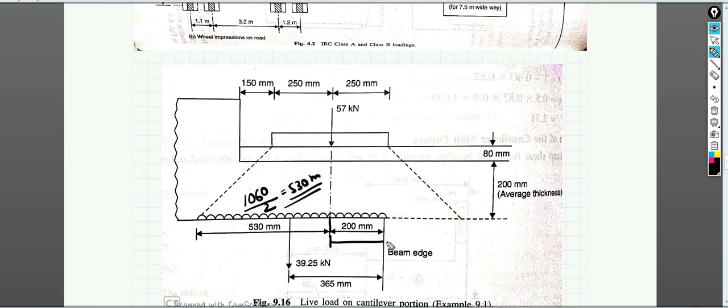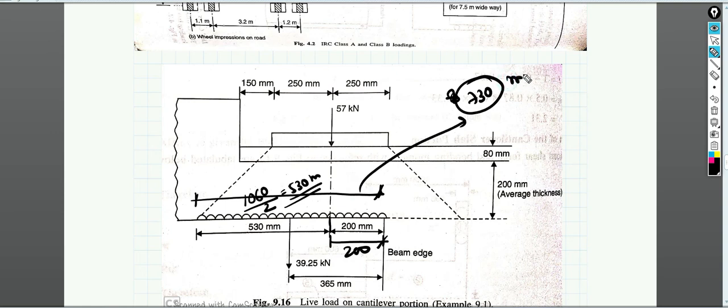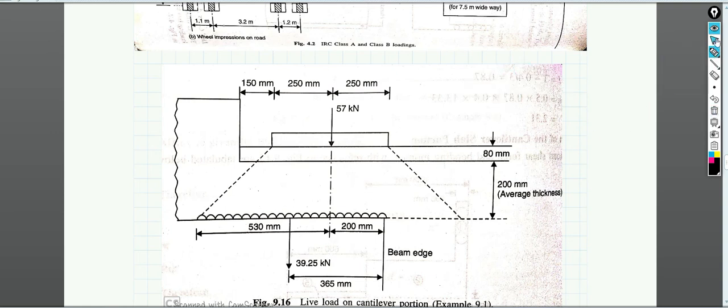And this distance is 200 mm, so the total is 730 mm. So this distance from here to here is nothing but 730 mm. Clear?